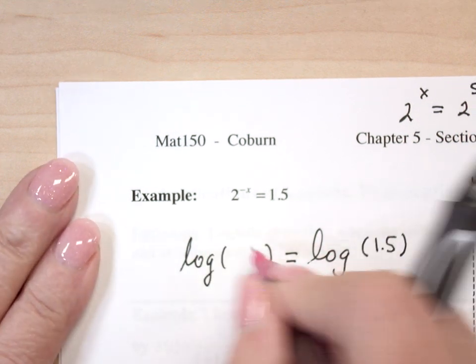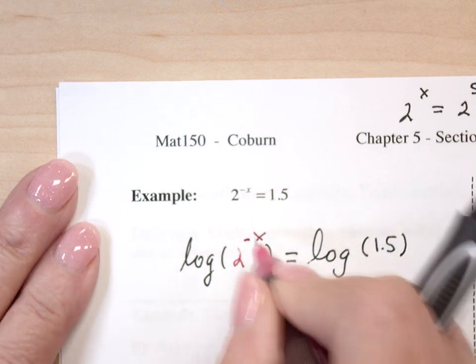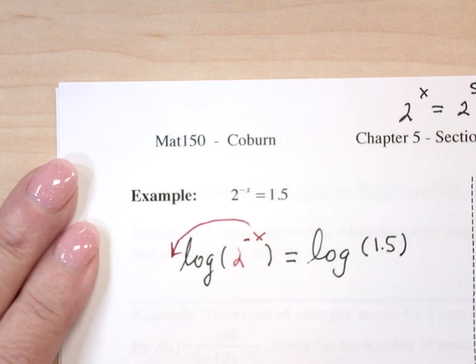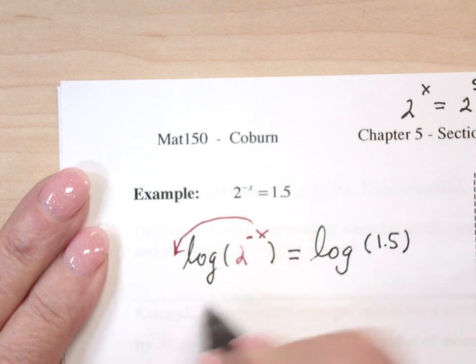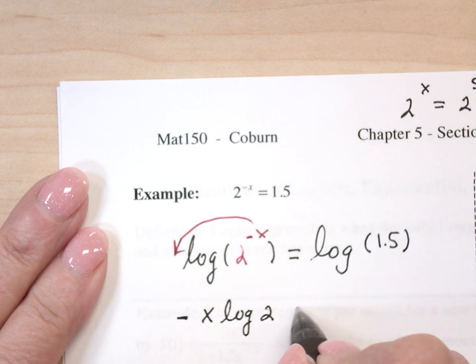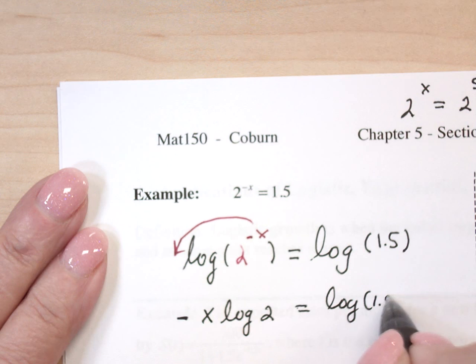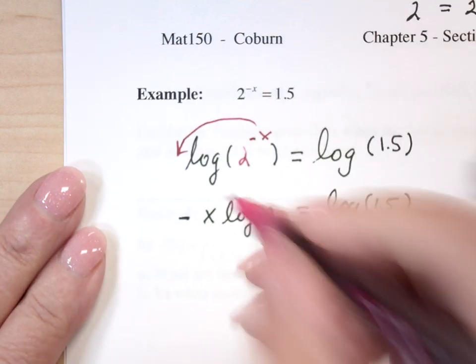Now, one side is 1.5, the other side is 2 to the minus x. Properties of logs say bring the minus x down in front. This is how you get a hold of the exponent. Minus x times log of 2 equals the log of 1.5. I want x by itself.